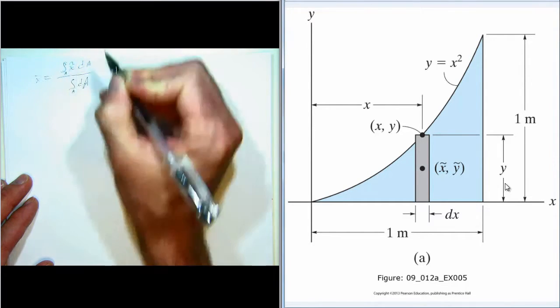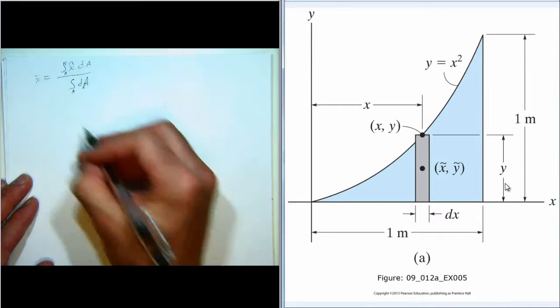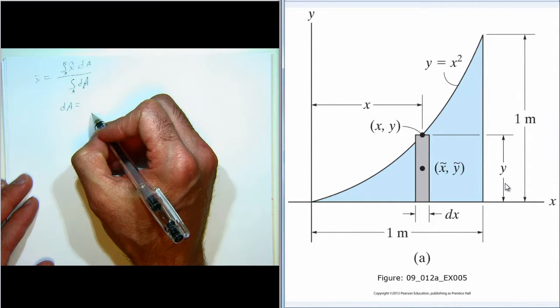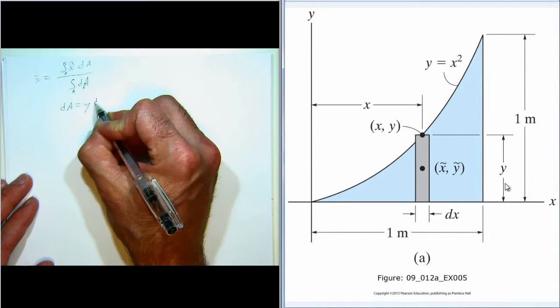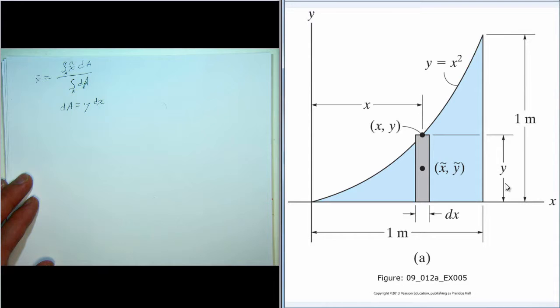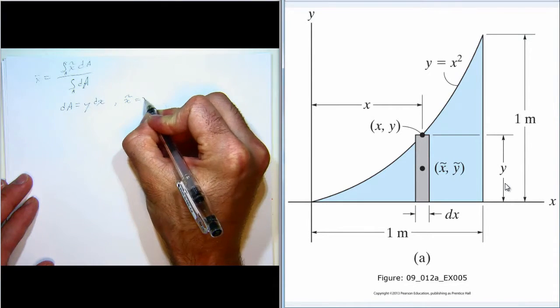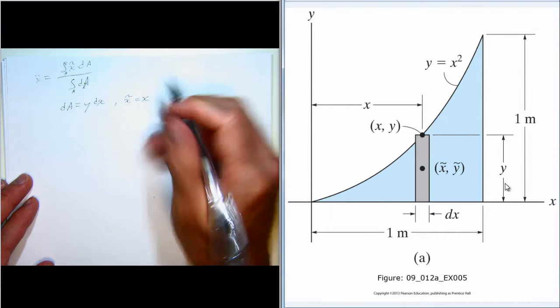We're integrating over the entire area. So here dA is the area of that little bar, that gray shaded space, and that's equal to y times dx. And x tilde is equal to x, whatever x value we're integrating over.